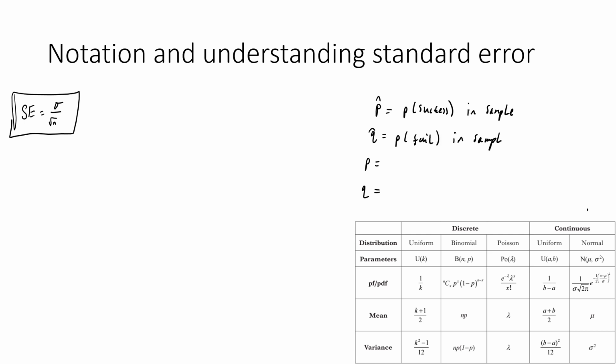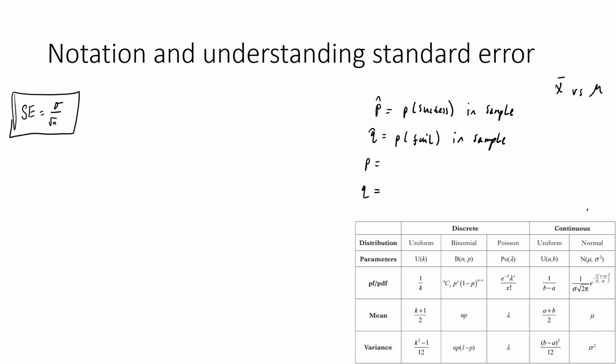Now, similarly to x bar versus mu, x bar is a sample mean, not a true mean. So we give them different notations to show that this is not the true value. It could be, but most likely it's not because it's from a sample, it's not from a census.